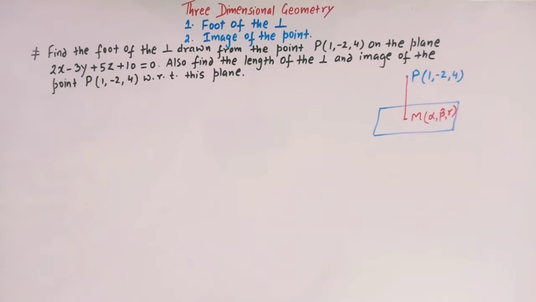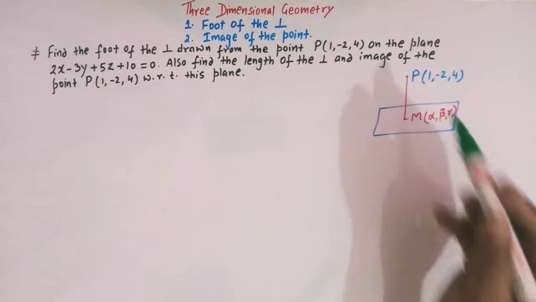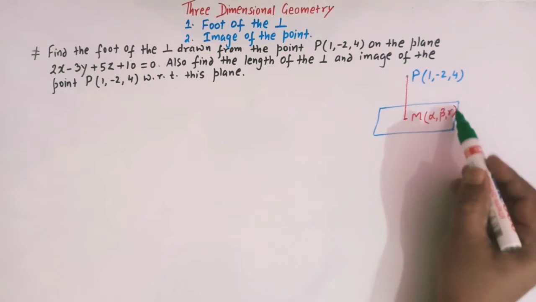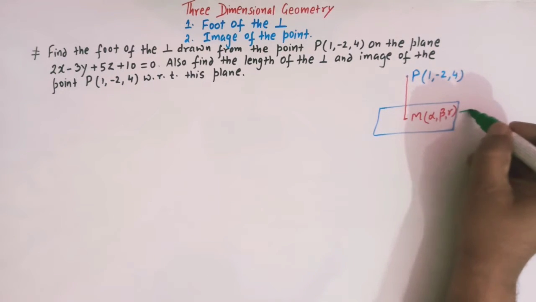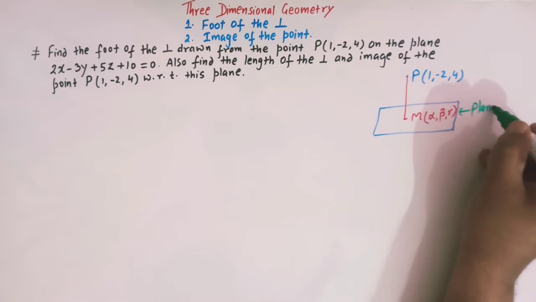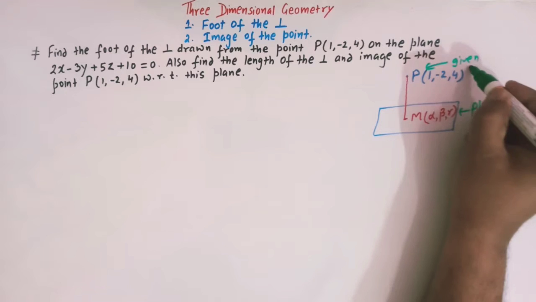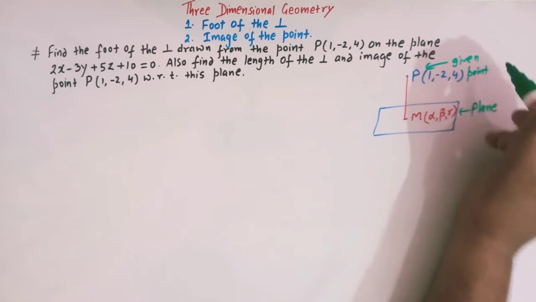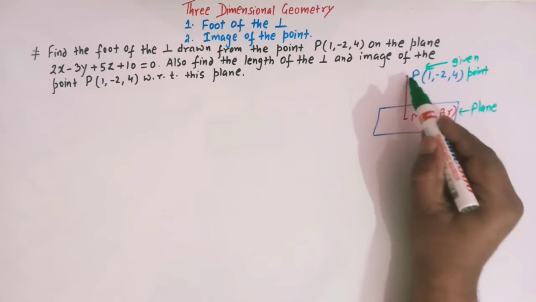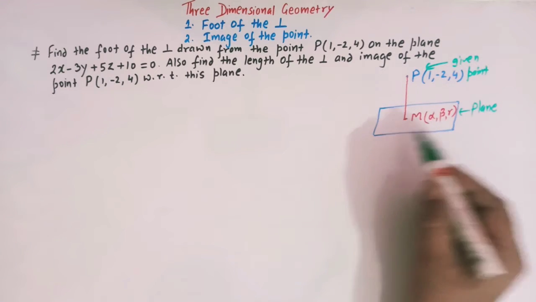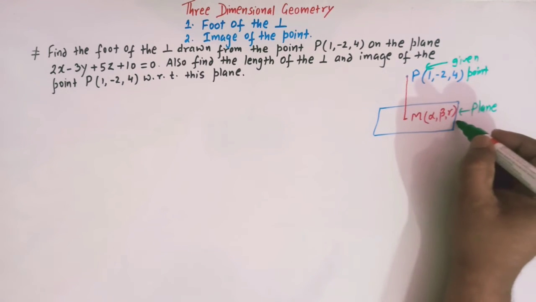And moreover, we have to find the image of this point P with respect to this plane. So this is our plane and this is our given point, and here we have to find the image of this point P with respect to this plane, and this plane will act as a mirror.